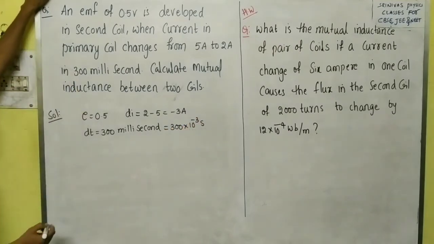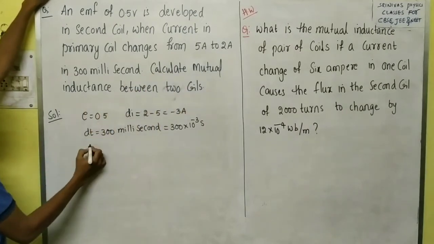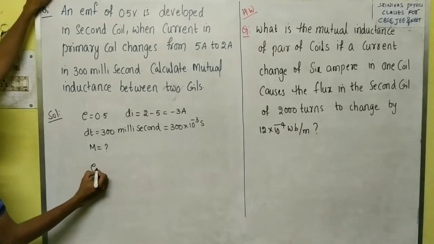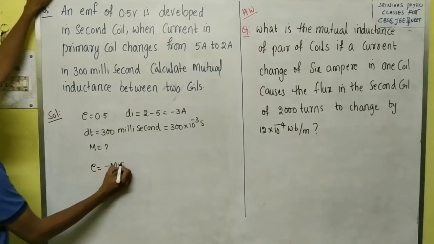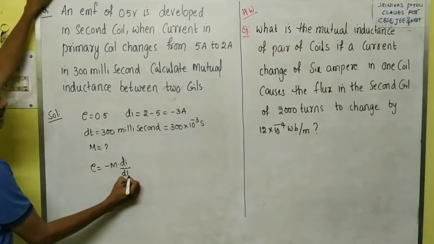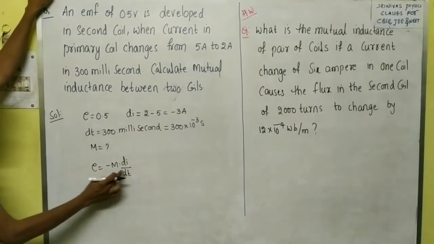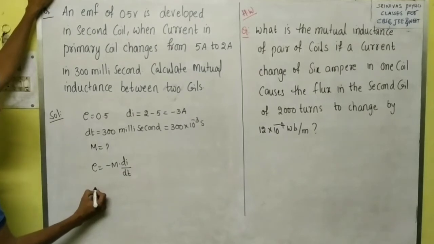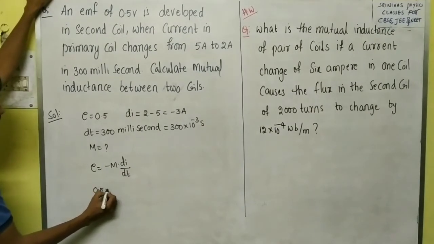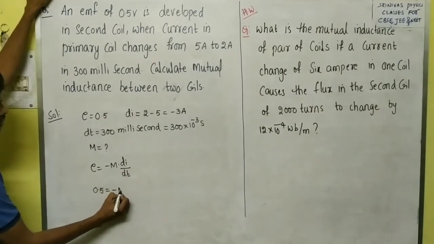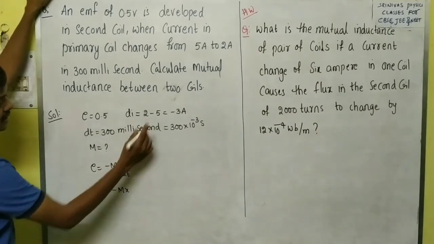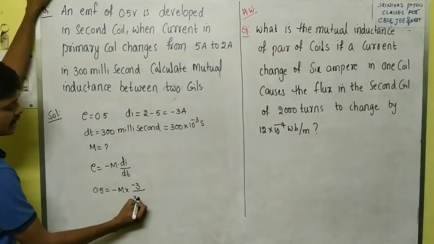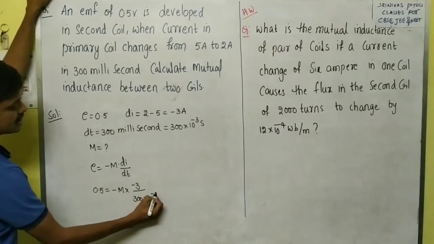Next, calculate the mutual inductance between the two coils. This is our question. The induced EMF formula we write as M di by dt. Induced EMF in the second coil depends upon the rate of change of current in the first coil. Here we substitute all values. Induced EMF is 0.5, and minus M we have to calculate. di is minus 3, dt is 300 into 10 to the power of minus 3.